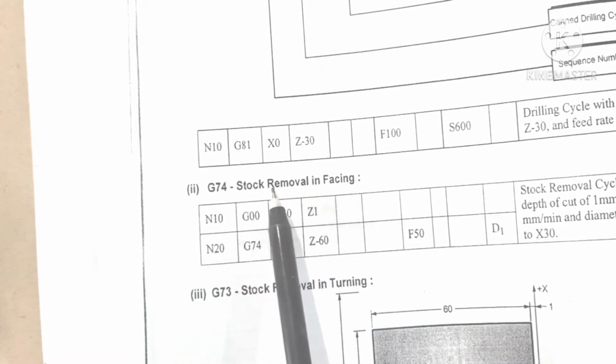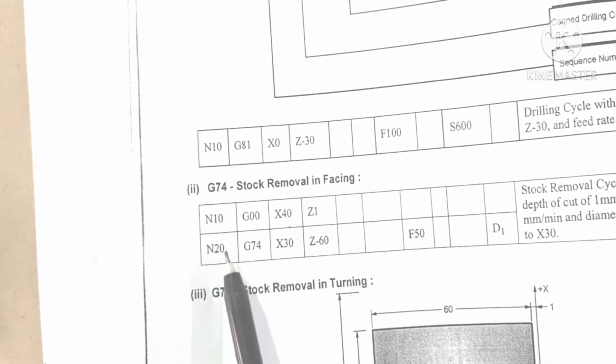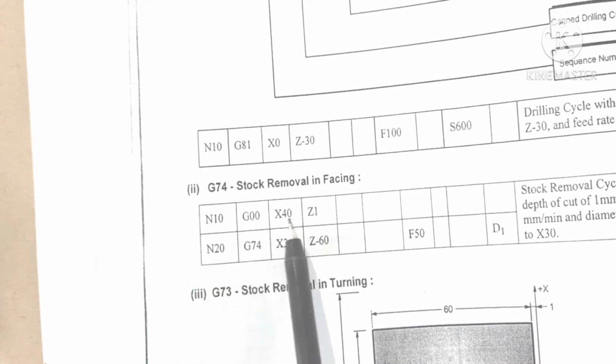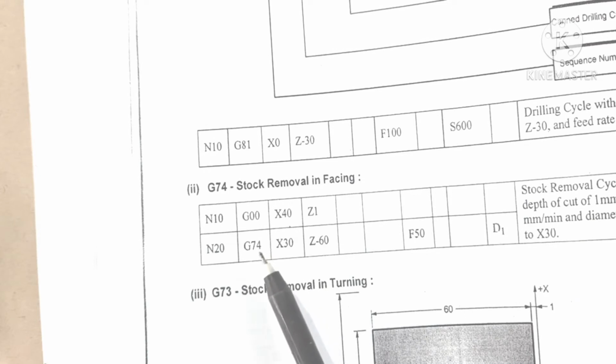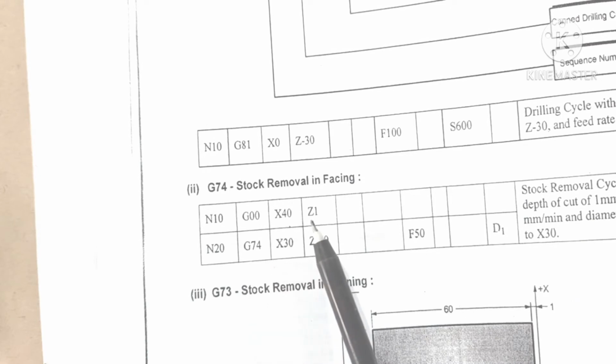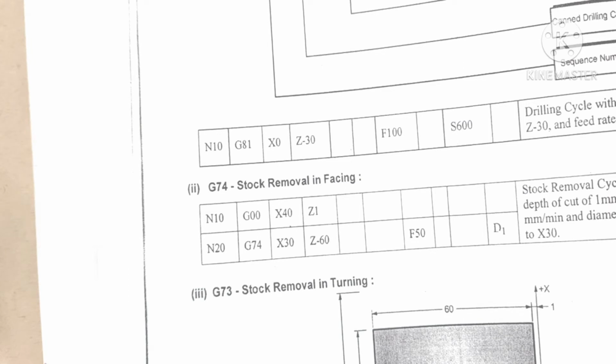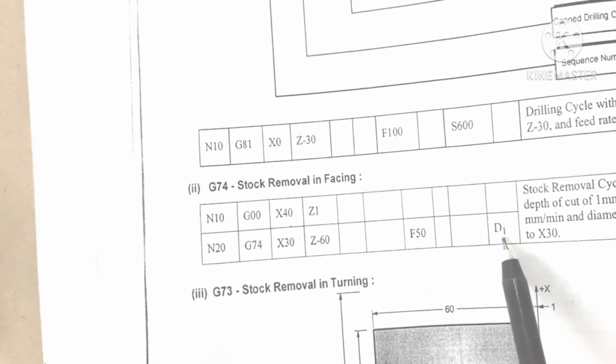G74 stock removal in facing. N10 G00 X40 Z1 means x-axis 40 and z-axis 1, and N20 G74 X30 Z60, feed rate is 50, and D is the machining code.